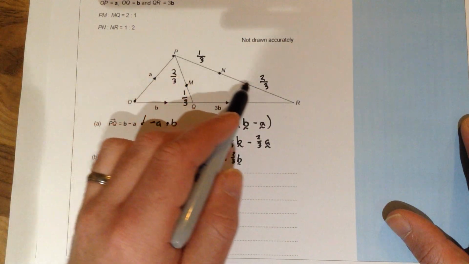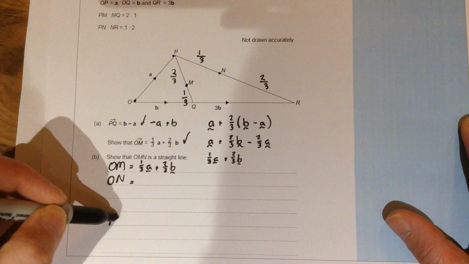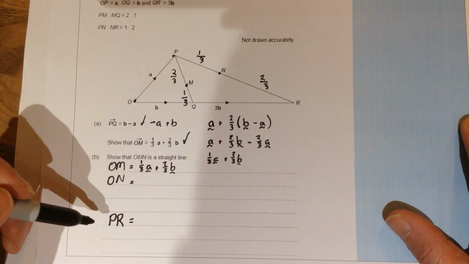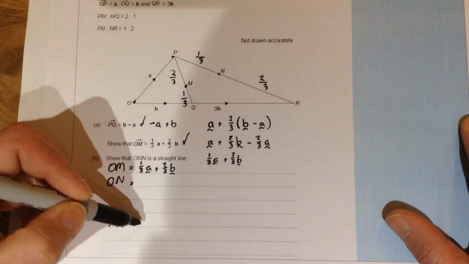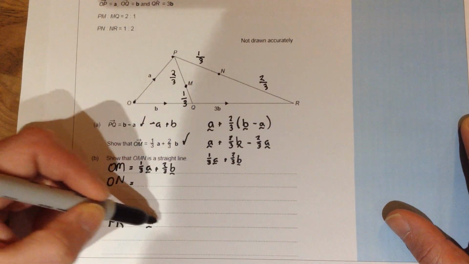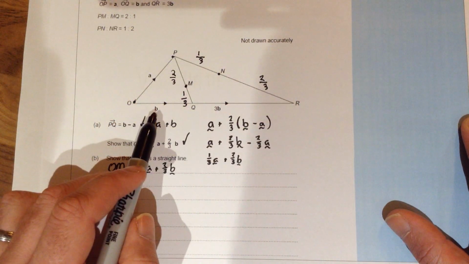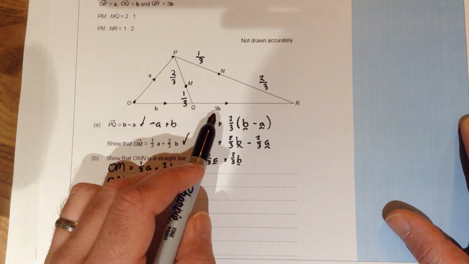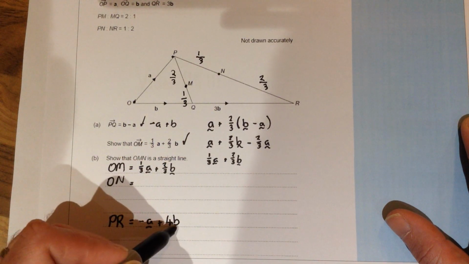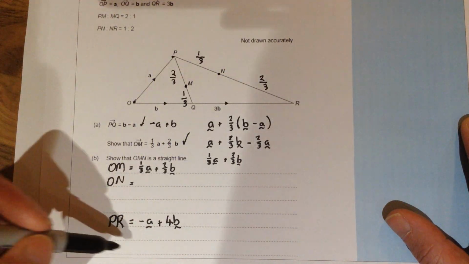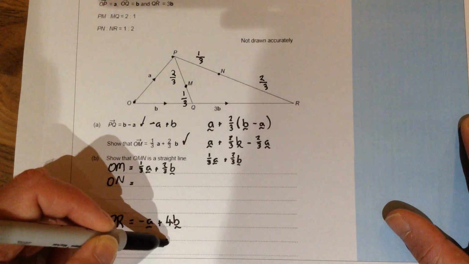So just as a side note, PR, well, to get from P to R, I would have to go backwards along A, so that'd be minus A, and then along this bottom line, I've gone along B, and then another 3B, so altogether that'd be 4B. And just to try and keep it similar to before, I'm just going to spin that round and call that 4B minus A.